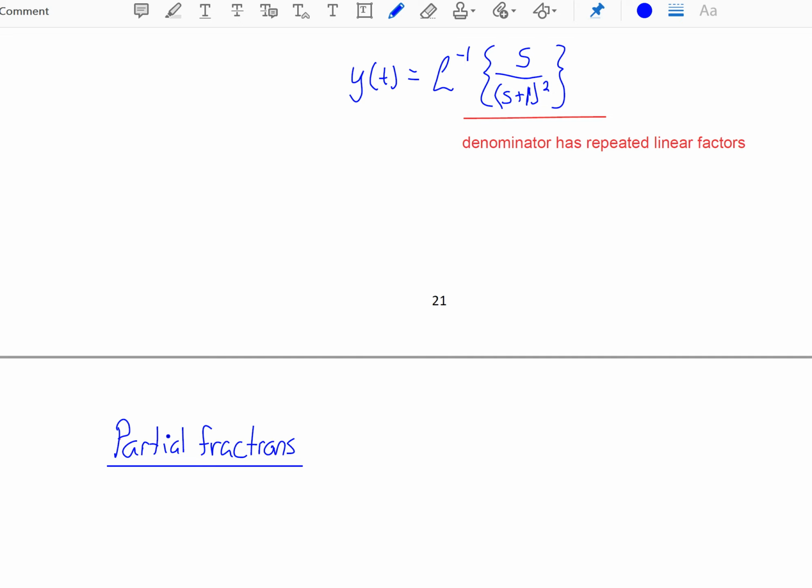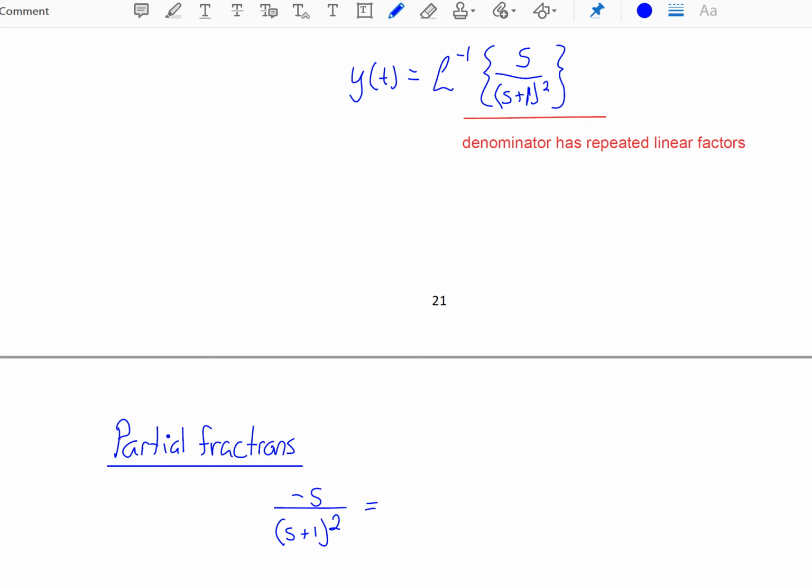Where our goal is to rewrite negative s over s plus 1 squared equals, now remember you might have to review your notes from Calc 2 on how to do partial fractions when you have repeated linear factors.